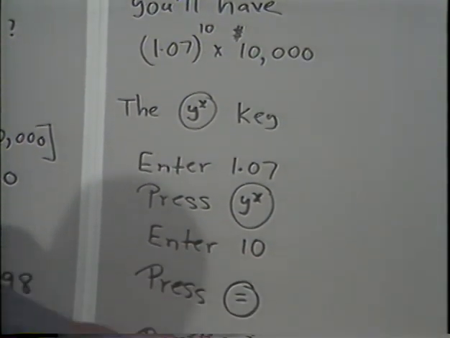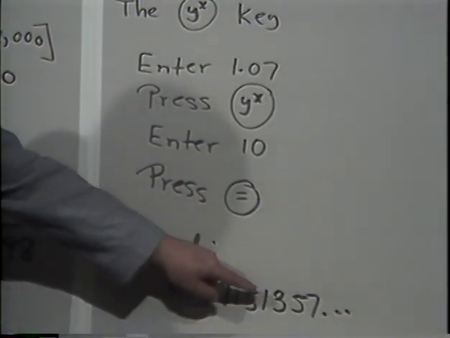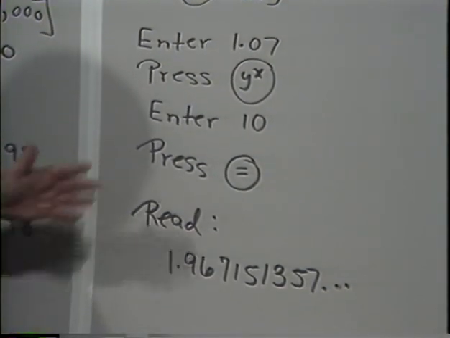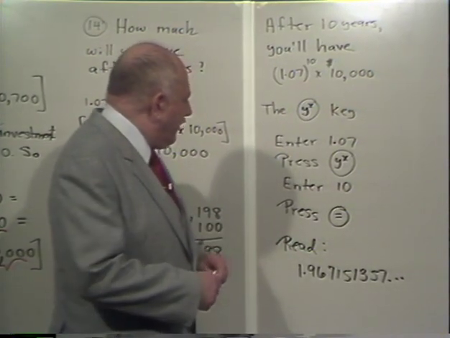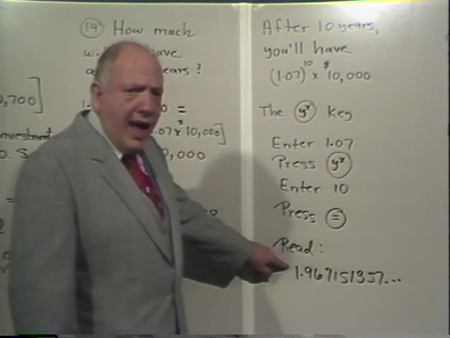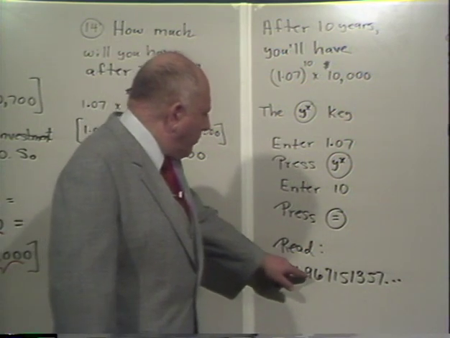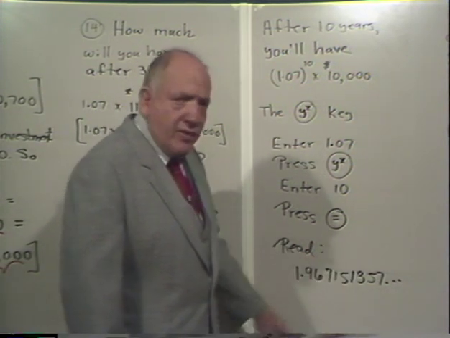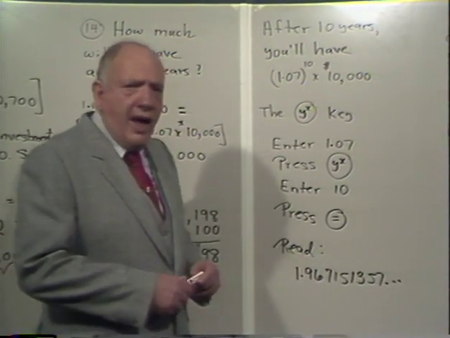Then you press the equal sign, and all of a sudden you read 1.967151357. That's my calculator. And by the way, what that says is, if you left $1 in the bank at 7% interest compounded annually, at the end of 10 years, that dollar would be worth 1.967, etc., dollars, which rounded off to the nearest cent would be $1.97.